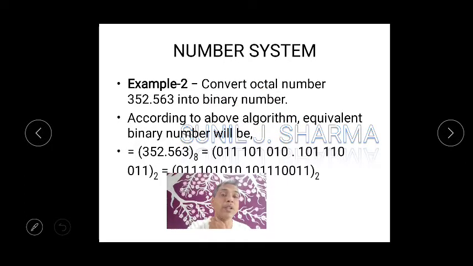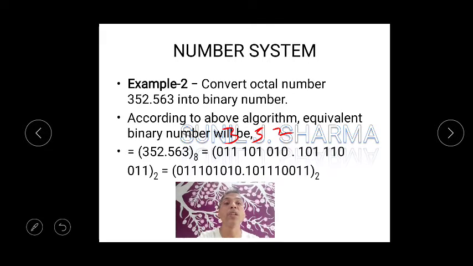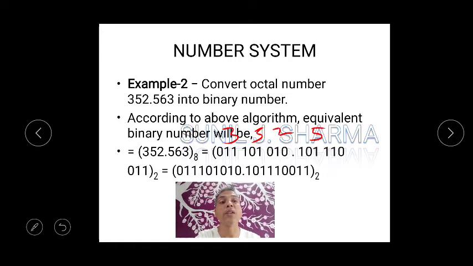Now let's see one with some fractional part. Here also they did the same thing. This is the representation of 2, this is the representation of 5, and this is the representation of 3. Can you see, 352 can be represented like this. After the fractional point, this is for 5, this is for 6, and this is for 3.